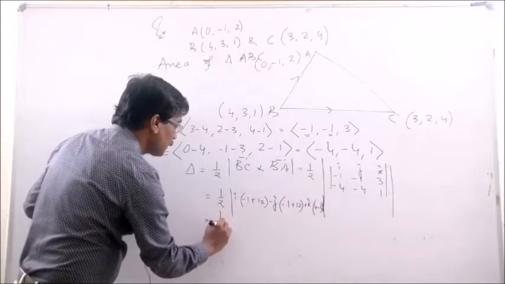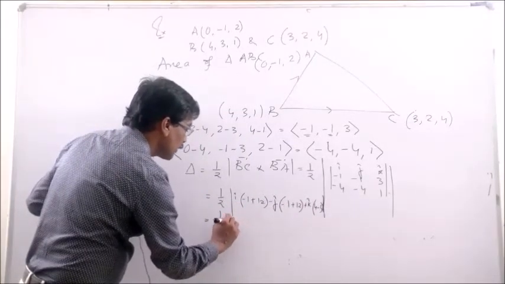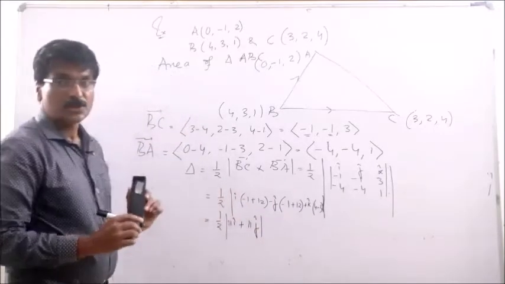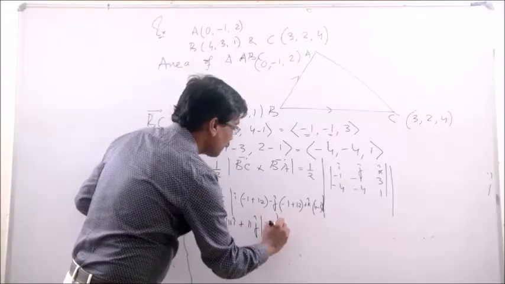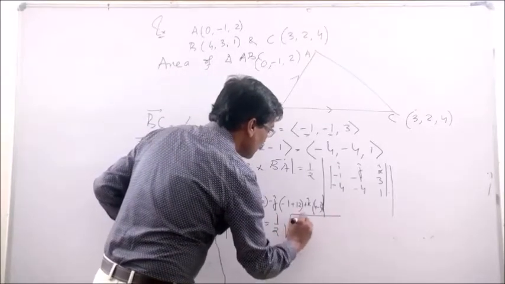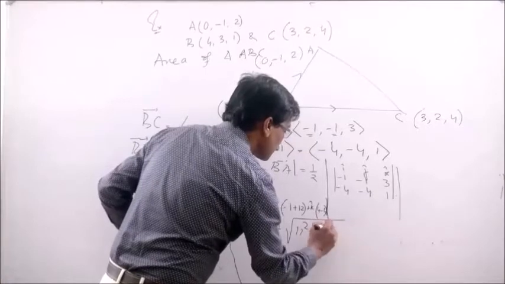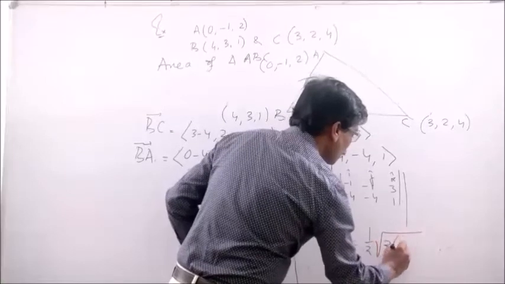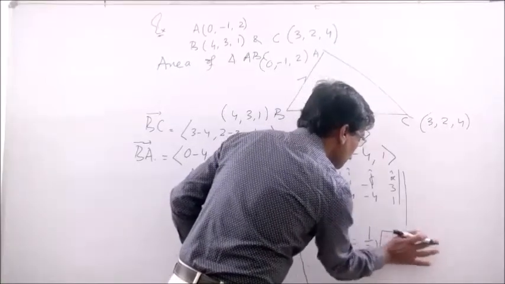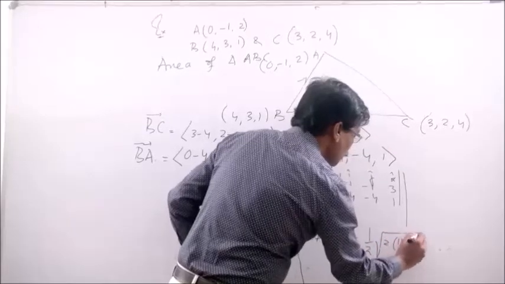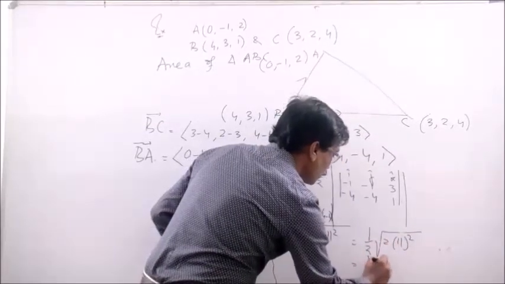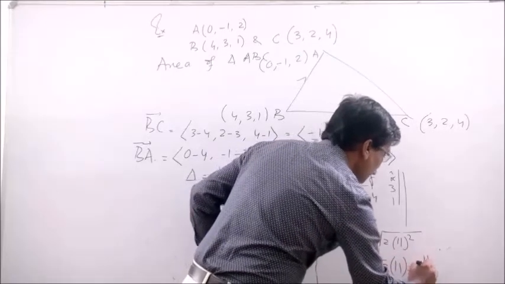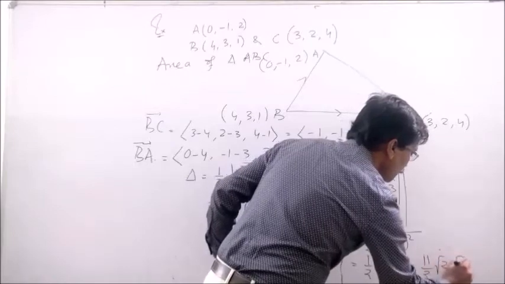plus 12) plus k cap into (4 minus 4). So that is equal to half into magnitude of 11 i cap plus 11 j cap, which is equal to half root over 11 square plus 11 square, which is equal to half root over 2 into 11 square, which is equal to half into 11 root 2, that is equal to 11 by 2 root 2 square units.